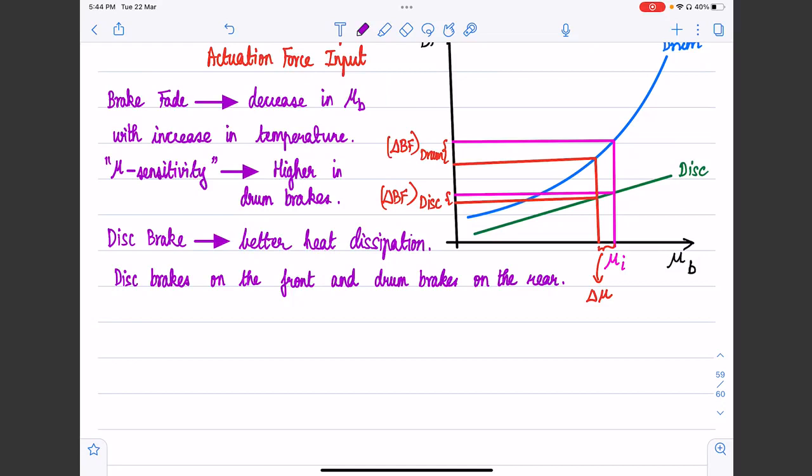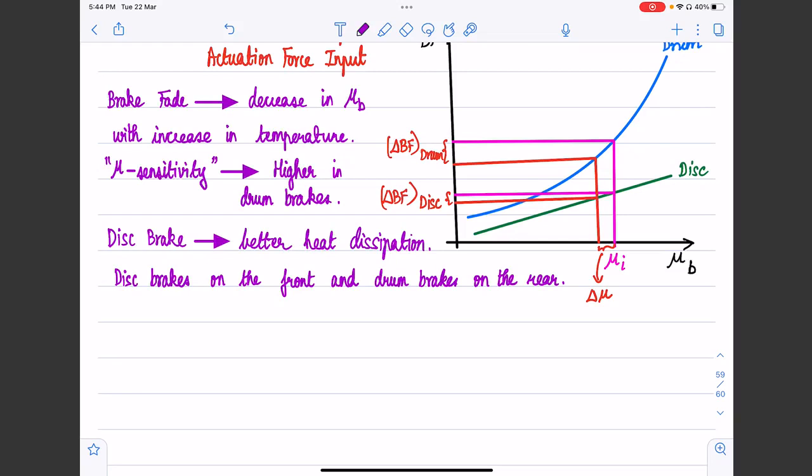So during braking in a typical passenger car, not only is the static normal load higher on the front wheels, there is an additional component that is added on to the front wheels due to dynamic load transfer. So the net effect is that there is more load available on the front wheel for braking. Let us say due to dynamic load transfer, there is a 70-30 normal load distribution.